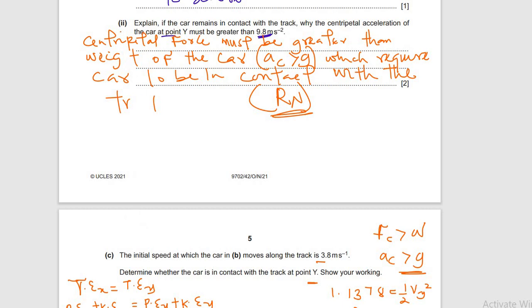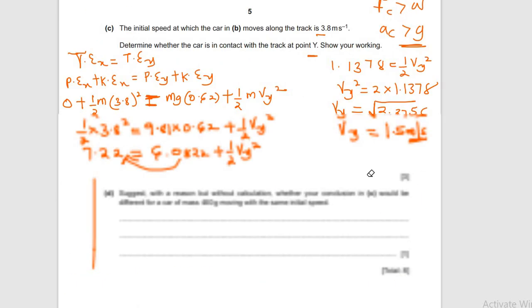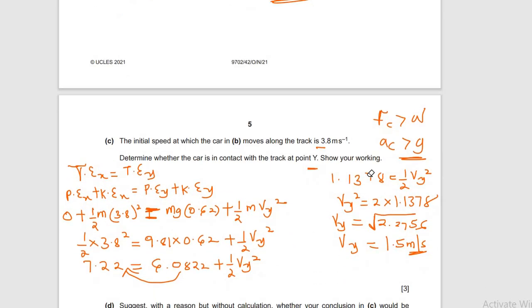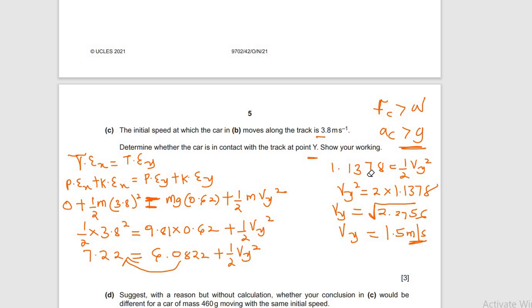The condition for the car to be in contact at y is that centripetal force must be greater than the weight, or centripetal acceleration must be greater than g. And what is centripetal acceleration at y? It is v squared y over radius. That's 1.5 squared. The radius is 0.31 because the diameter is 0.62, and half of it is the radius.